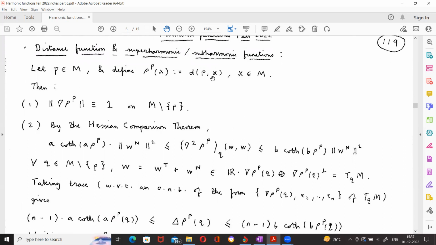So we know this distance function is smooth outside the point P, right? This is smooth on M minus P. And the norm of the gradient of this function is 1, right? The gradient vector field is just the radial vector field, which points outward from P.